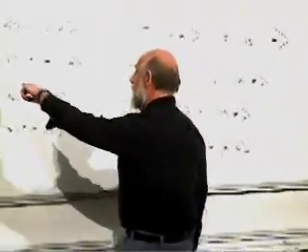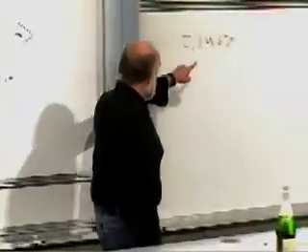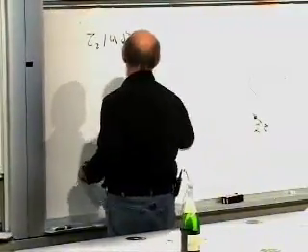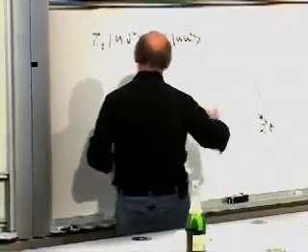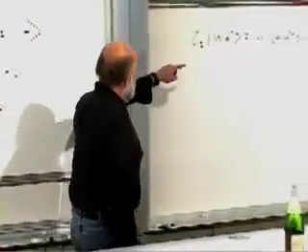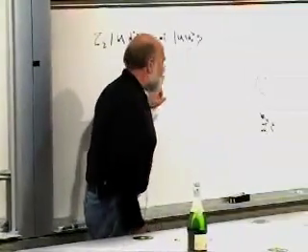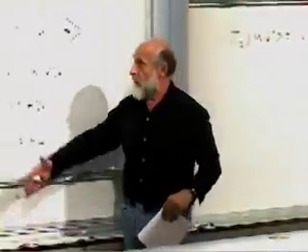So we go over to sigma 2 on down, and it gives us minus I times up. So this just gives us minus I times up, up. The first electron has been passive. Nothing has happened to it. The second electron has responded exactly the same way to tau 2 as dictated by this chart here.